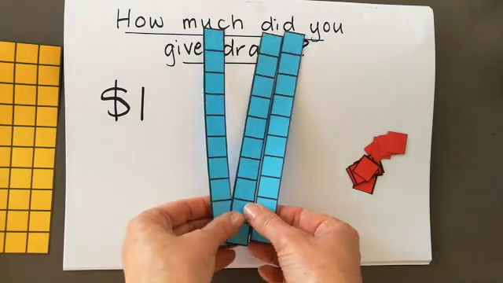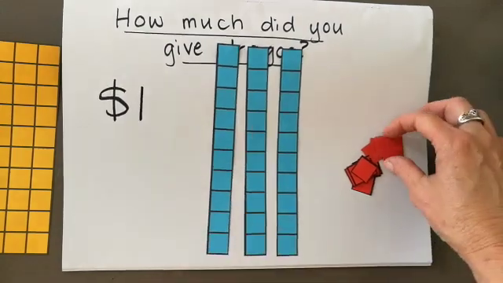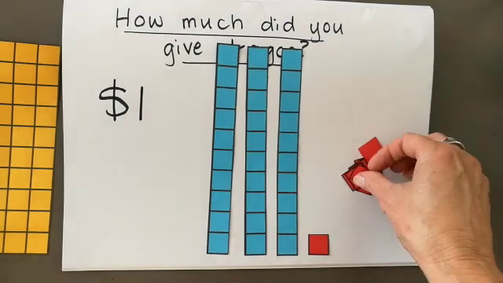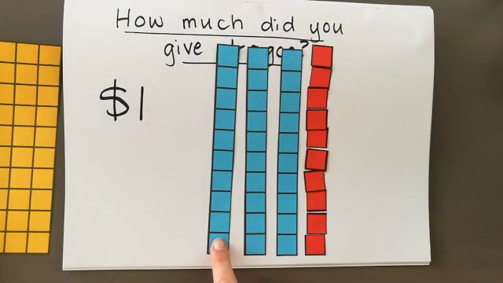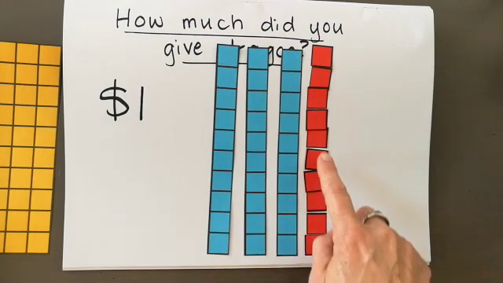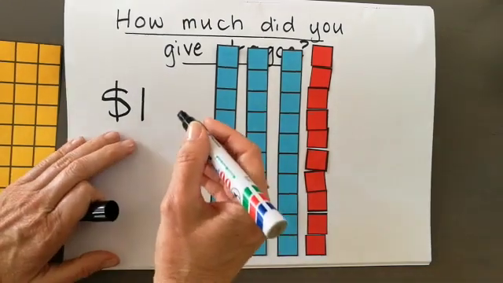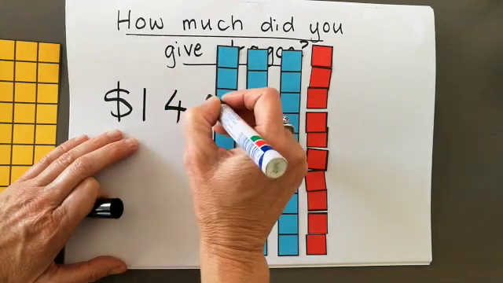So that would be 30. And what else do we have? 1, 2. I'll put them all out. So we had 10, 20, 30. As you can see, I've made a row of 10, which makes another 10, which makes 40. That's right. Now, we are going to write 40.